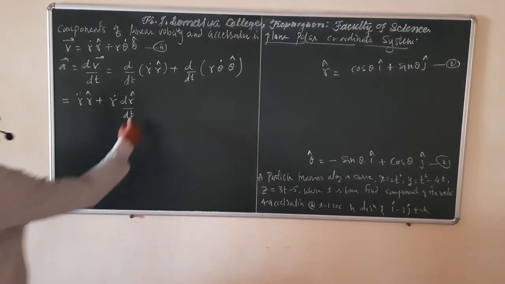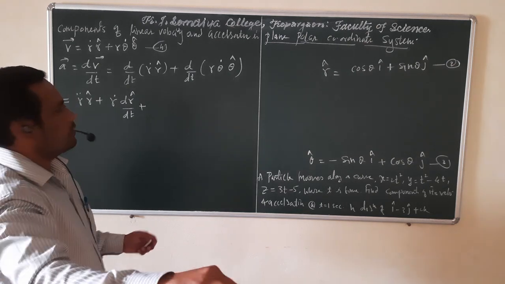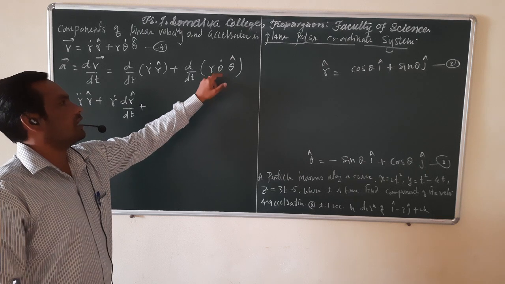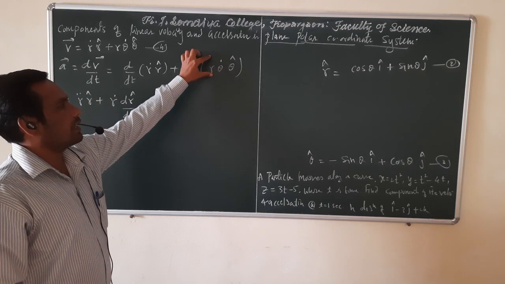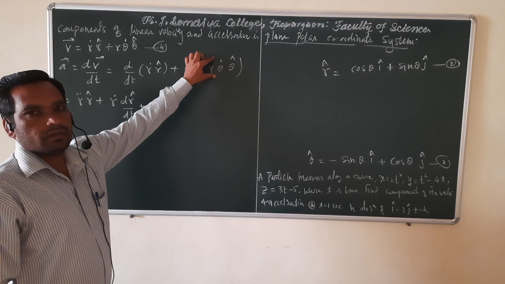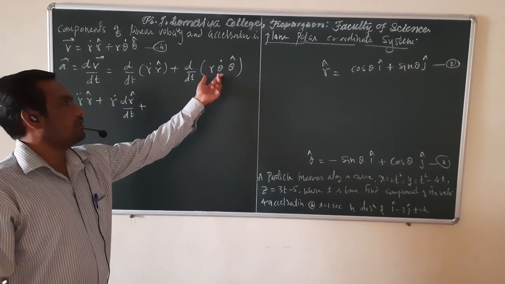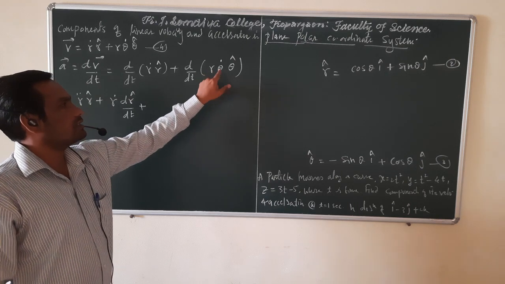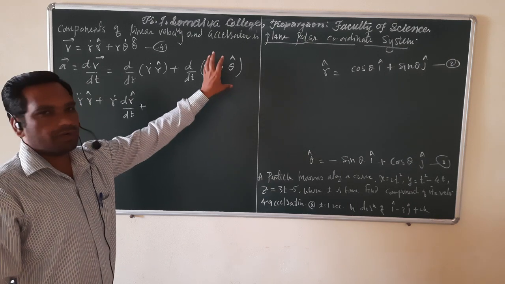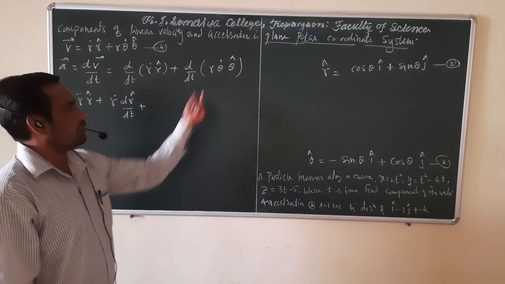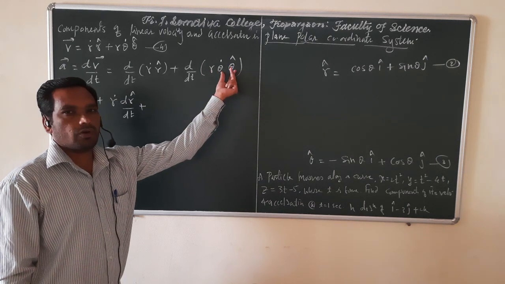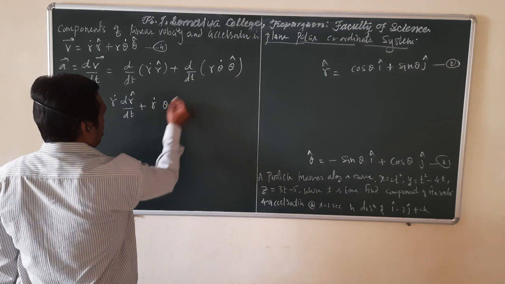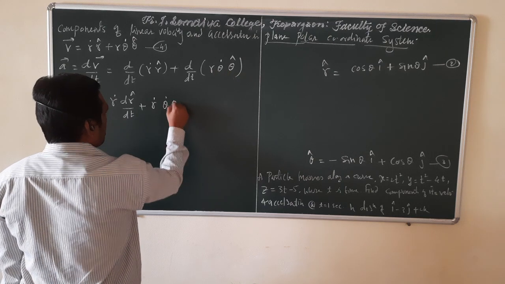Okay. Plus, in the next term we have to take the derivative of all three factors, which are r, theta dot and theta cap. So again, using the derivative of a product with three functions: if you take the derivative of the first term keeping the other two constant, the derivative of r is r dot, and the other terms, theta dot and theta cap, are constant.